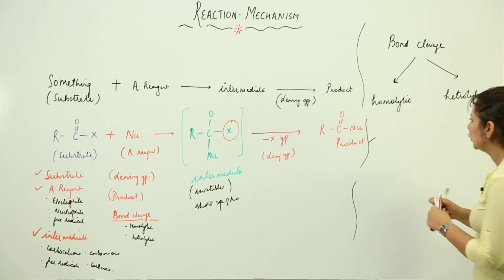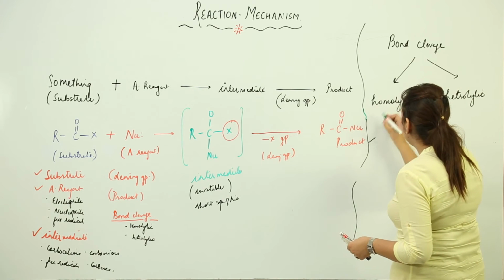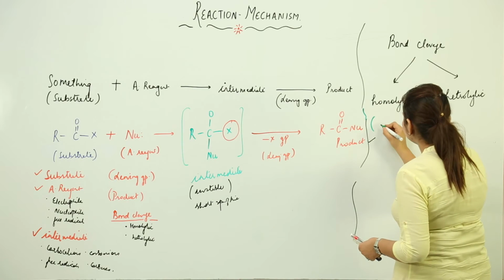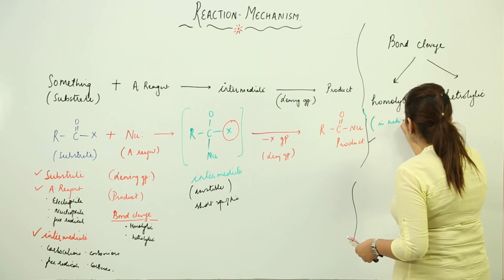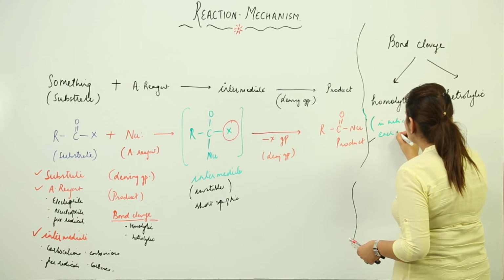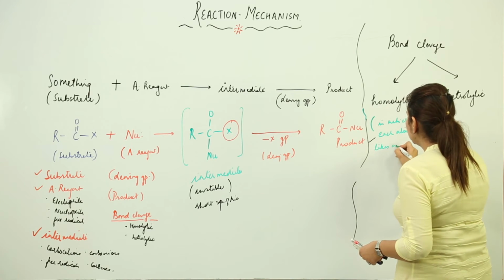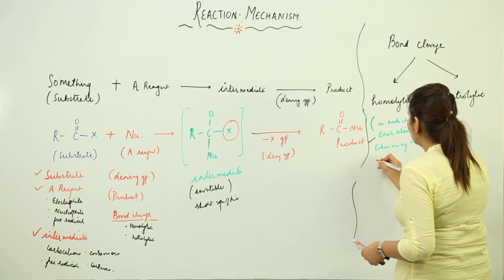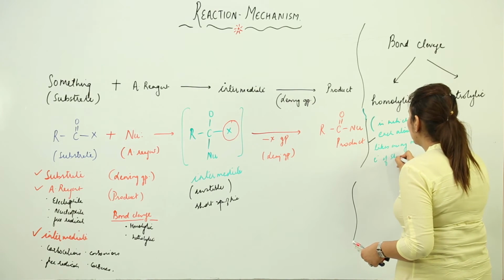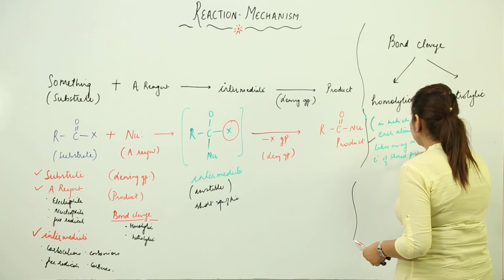So what is that actually? The homolytic one is the one in which each atom takes away one electron of the shared pair.